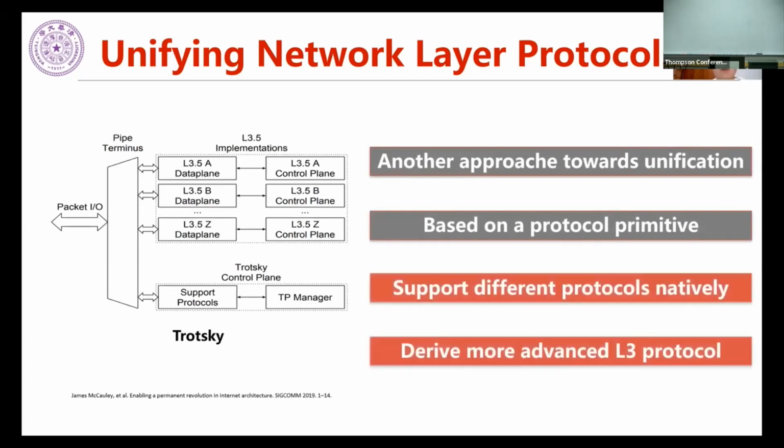On the one hand, we focus on researching a novel primitive to natively implement a wide range of different L3 protocols. On the other hand, because of the fine-grained primitive, the primitive unification in our work can merge different L3 protocols. Therefore, we can derive more advanced L3 protocols from various of these prior protocols.